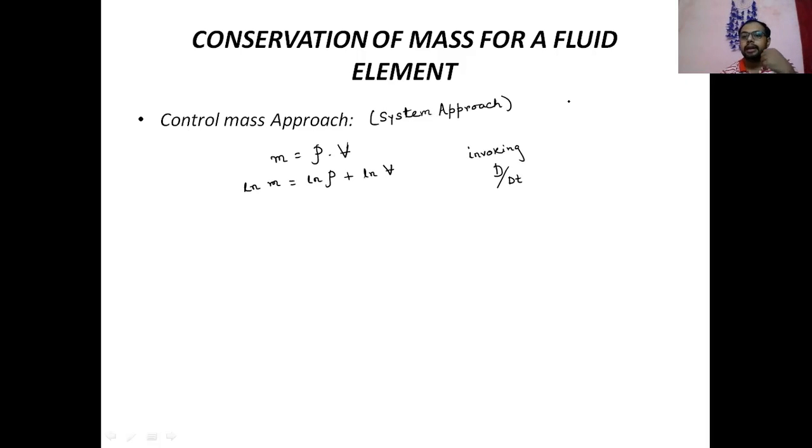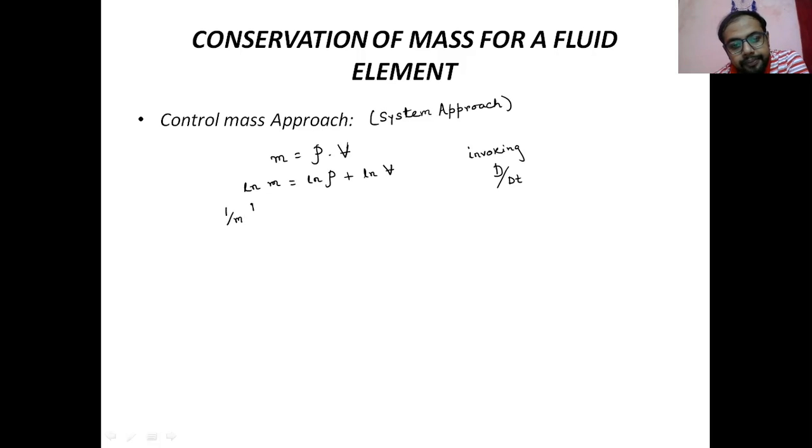If you invoke the total differentiation, it can be converted in terms of the Eulerian description, because we know that the Lagrangian description and Eulerian description are interconvertible. So we are invoking here the total differentiation, or material derivative, or substantial derivative. So many names.